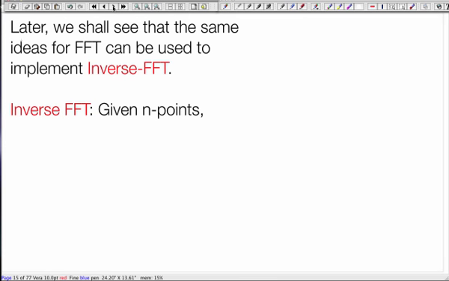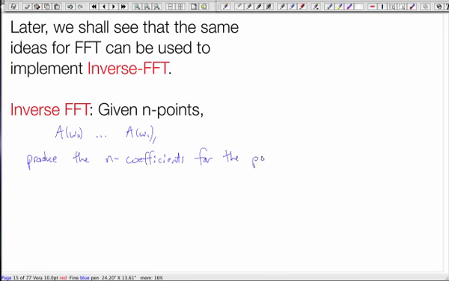So in other words, the same technique and essentially the same algorithm, if you're given n points, produces the n coefficients for the polynomial. Let me write it like this.